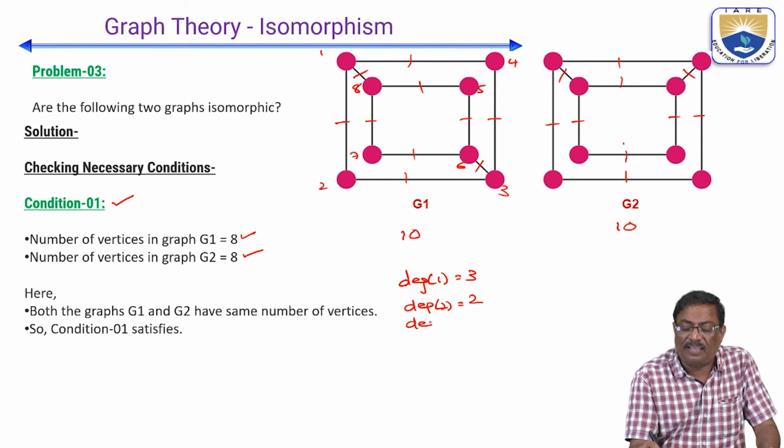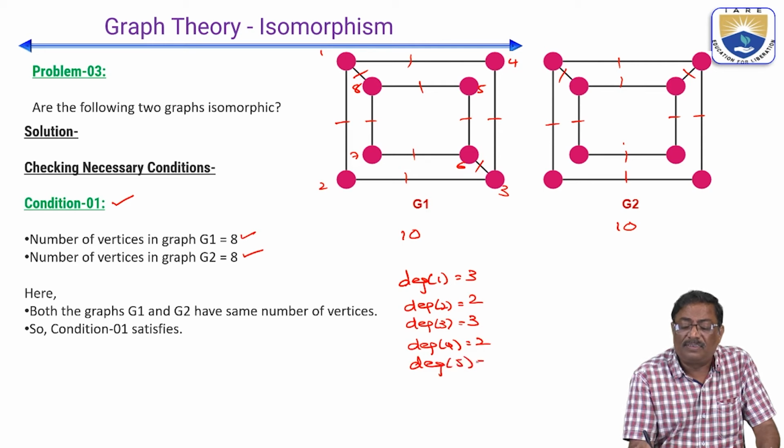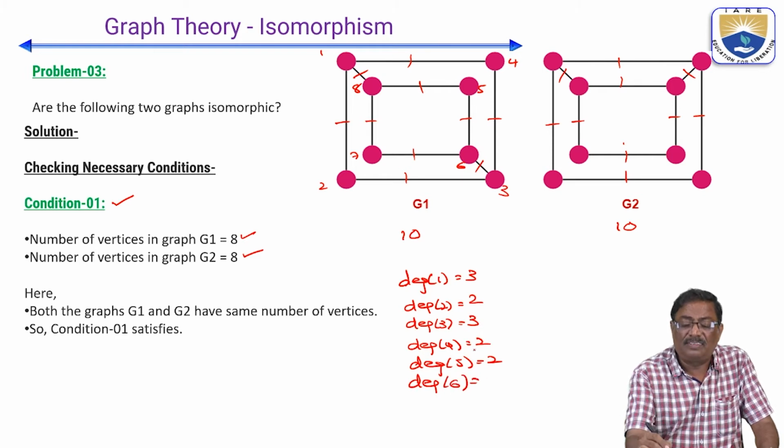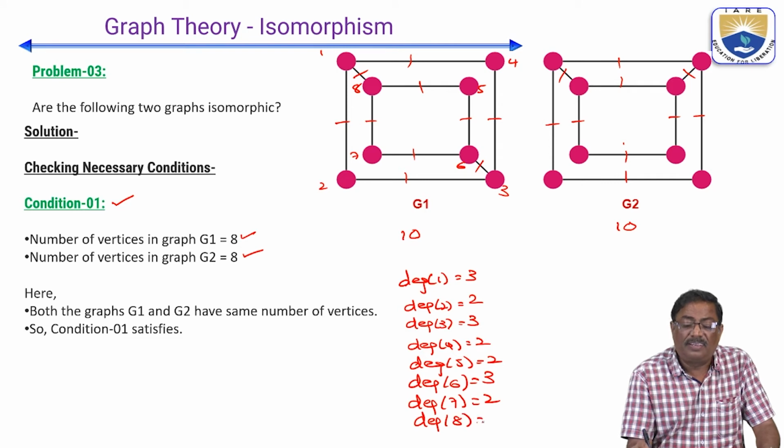Degree of vertex 3 is 3. The degree of vertex 4 is only 2, and the degree of vertex 5 is only 2. The degree of vertex 6 is 3, the degree of vertex 7 is 2, and the degree of vertex 8 is 3.